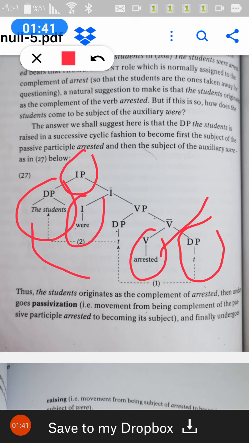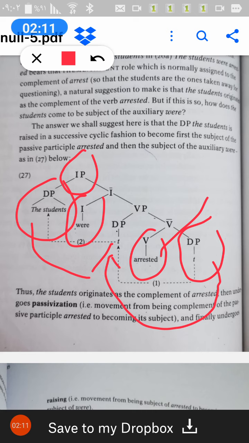Then, by a process of movement, it is moved from this position into this position to function this time as the subject of the verb phrase, as if we can say: the students arrested the students.